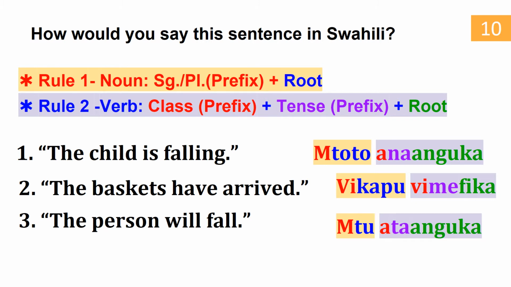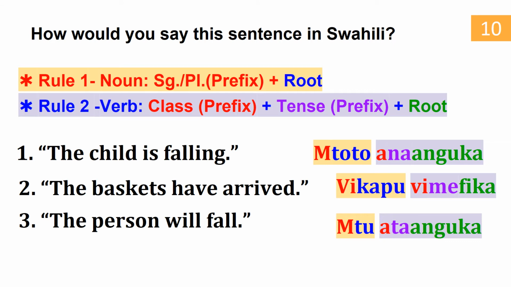Is falling is a verbal phrase in the present progressive tense. Its subject is a singular class 1 noun. So the class prefix a and the tense prefix na are attached to the root morpheme anguka, forming ananguka.